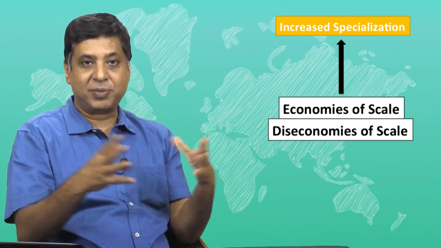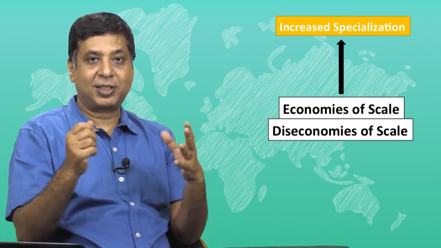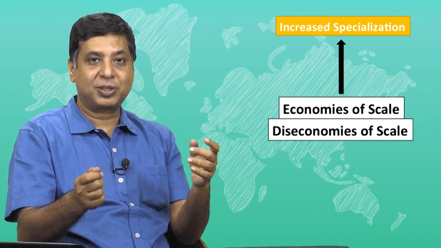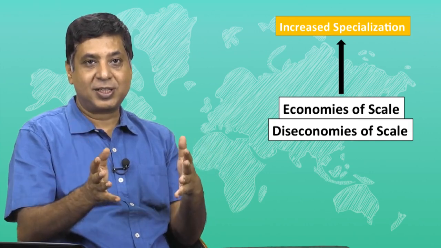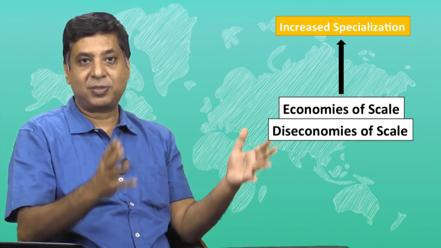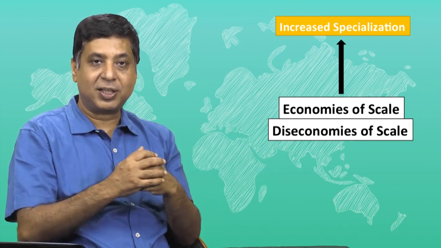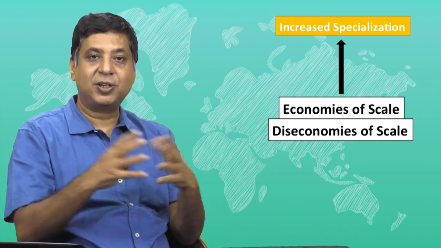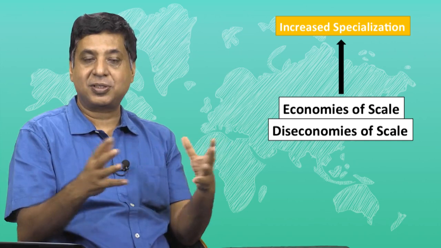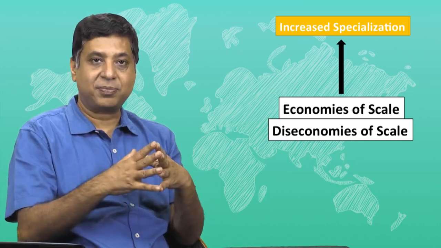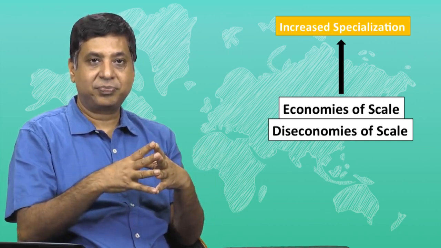If your size becomes larger, then you can hire an independent cook, somebody to manage the front desk and specialized waiters, and you find that the productivity of your restaurant increases. So, that is an example of economies of scale.